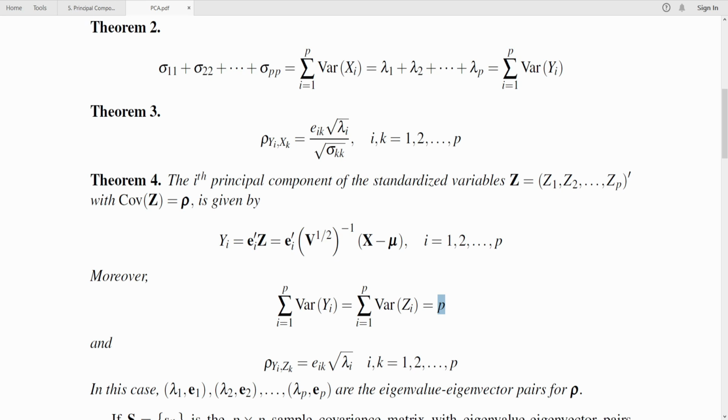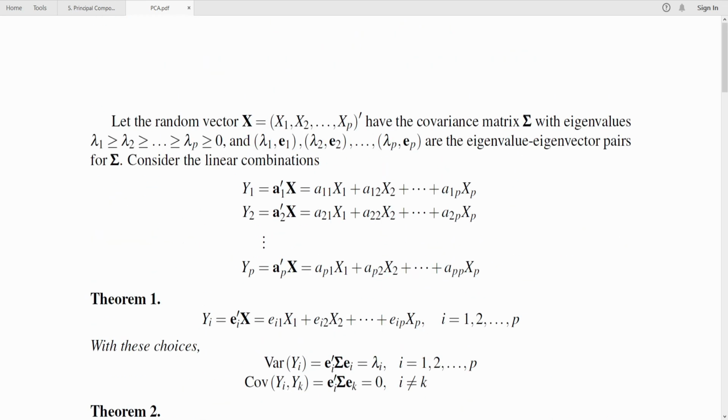However, we had no assumptions about our random vector. We never said that it follows, for example, a multivariate normal distribution. In that case, a couple of interesting properties can be derived.